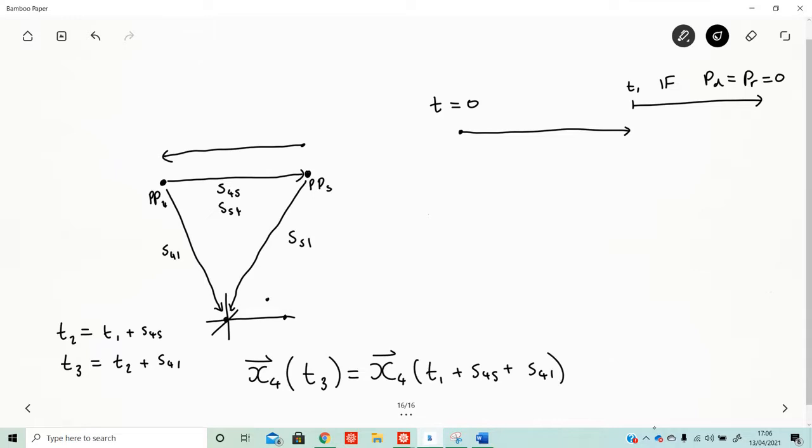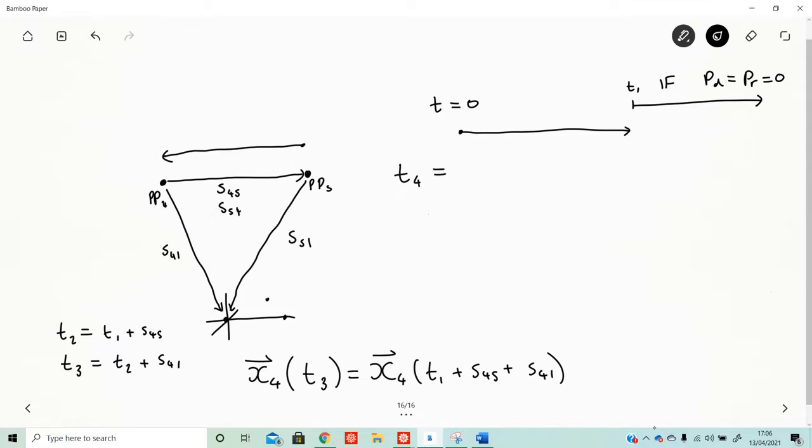Now, we also want to work out the time it takes to get to PP5 and what time that would be where the centralized point particle becomes aware of it from that perspective. So we're going to want to work out another position, and that's going to be another time T4.